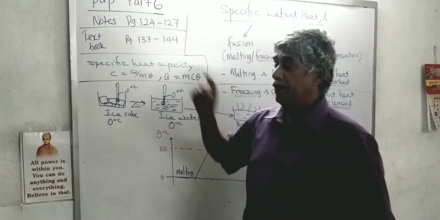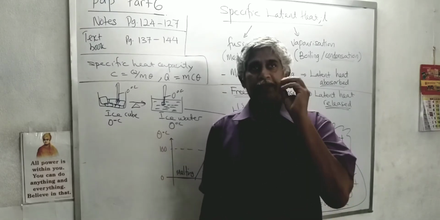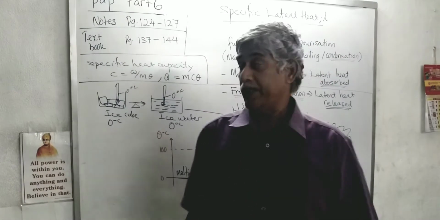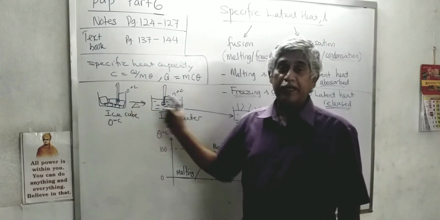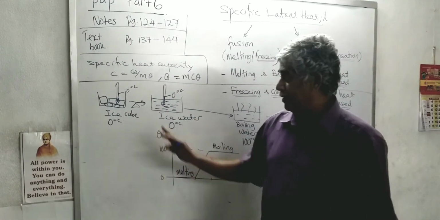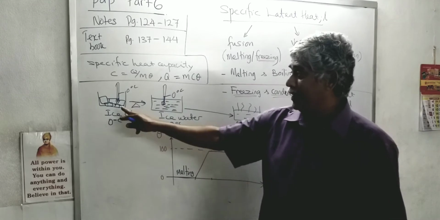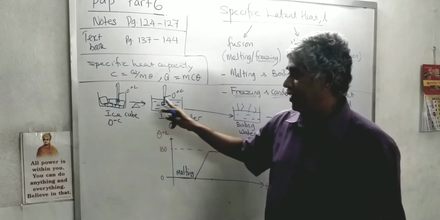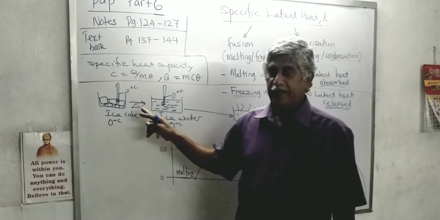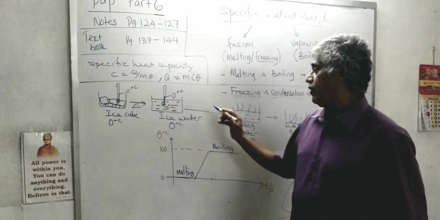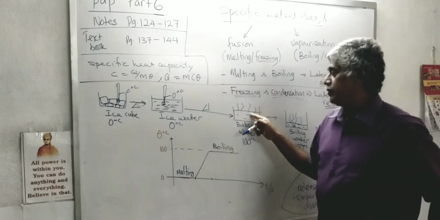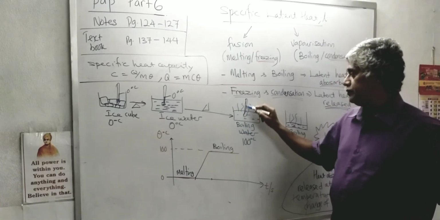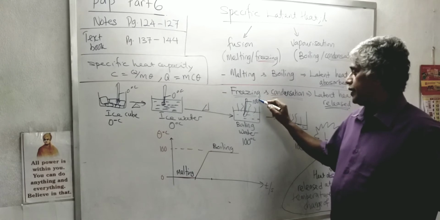Earlier when we learned about specific heat capacity, we learned that when you heat up, the temperature goes up. But here, when you heat up, the temperature is not going up. The temperature remains constant, but there is a change of phase, from solid to liquid. Then you continue to heat up, and of course the temperature will go up until the boiling point, which is 100 degrees Celsius.